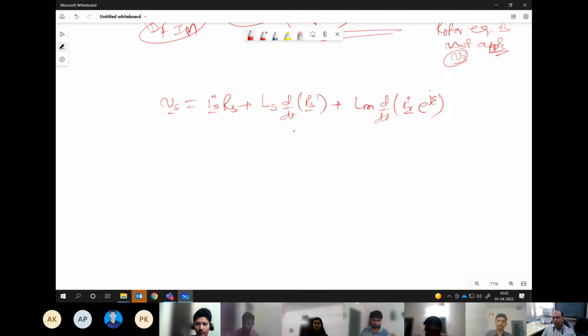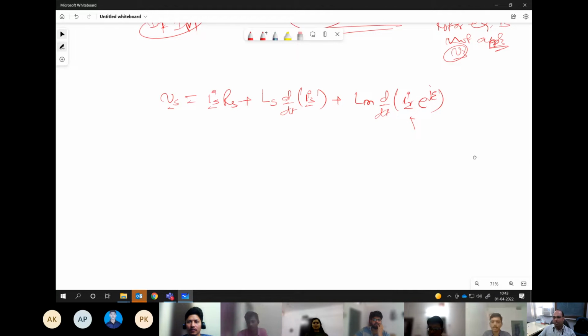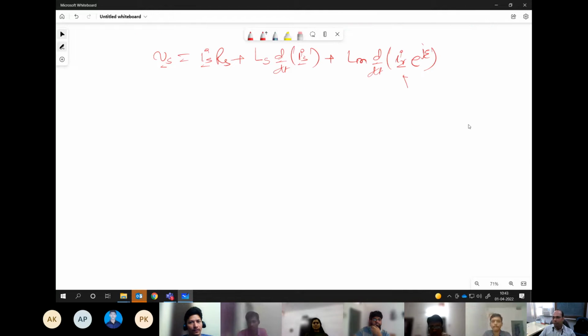Now the natural question comes, if there is no circuit on the rotor, what is this IR? 0? Sir, don't jump to the conclusion. It's like the equivalent of flux. We represent it as that. This is what we need to do. See what we have basically. We have magnets all over the rotor.